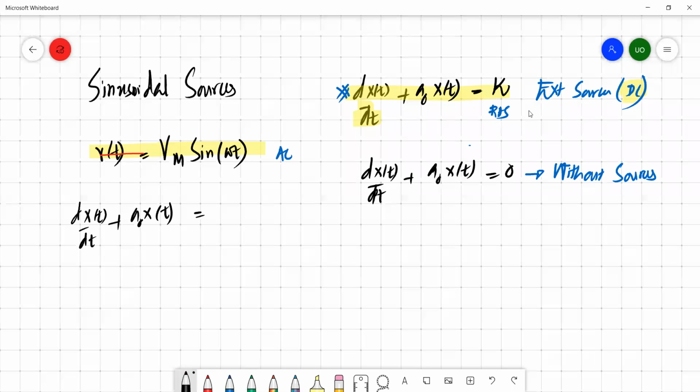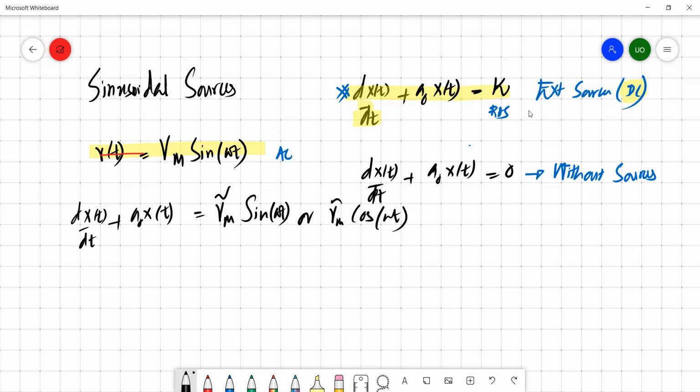The right hand side would be a function of sine omega t or cos omega t.